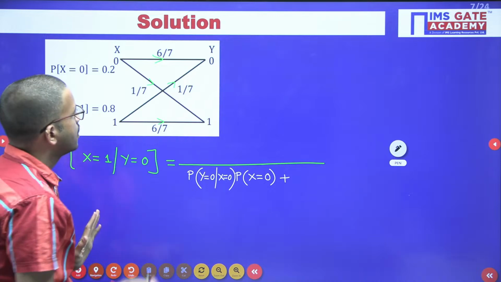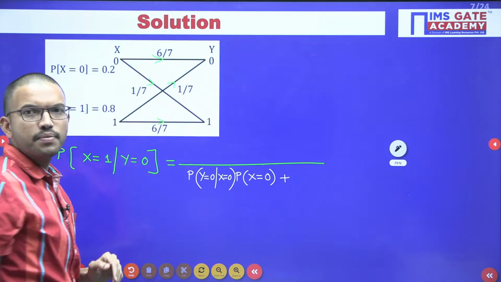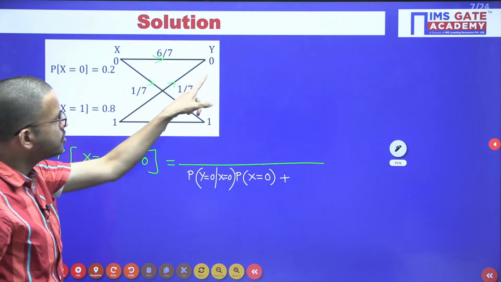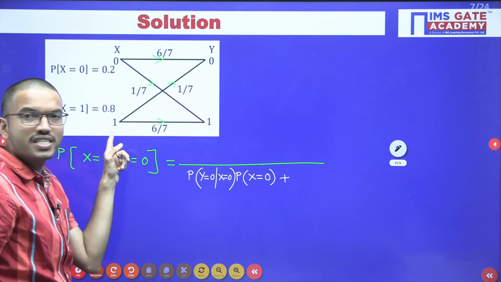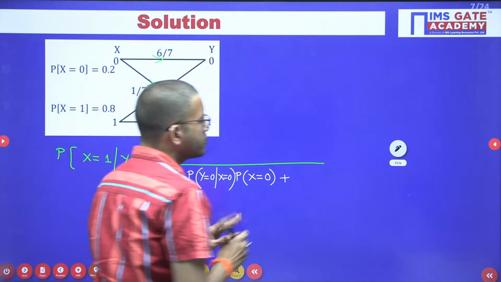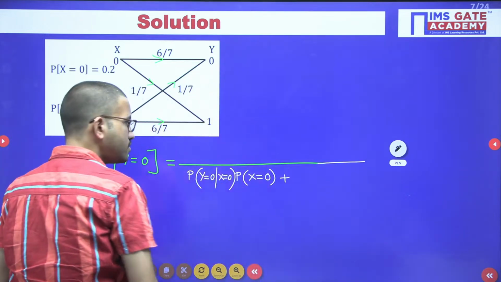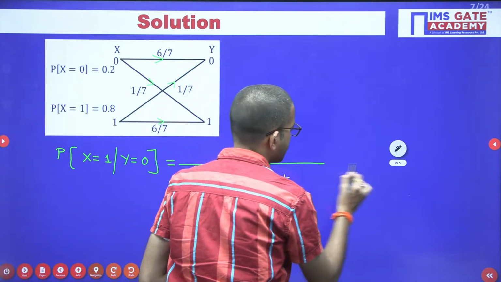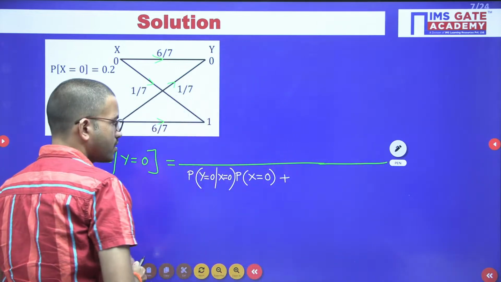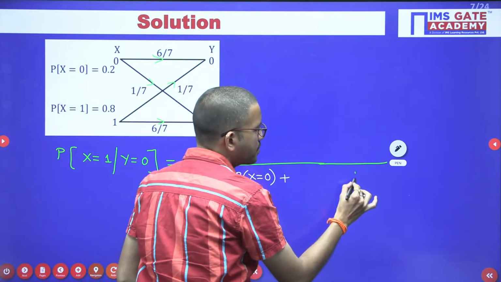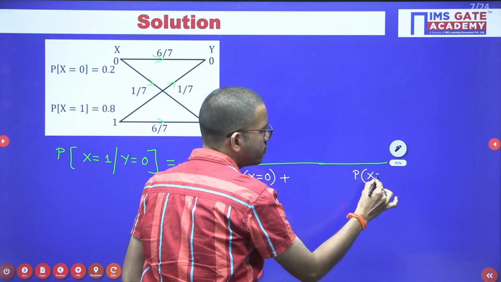And you have one more possibility. You are receiving bit value 0 because the transmitted bit is 1. So now I am considering the probability of x equal to 1.